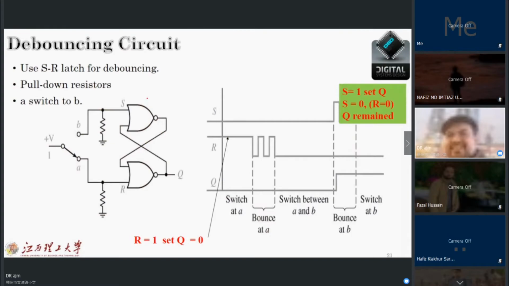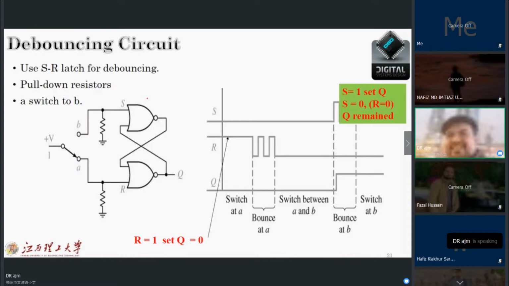What will happen really with the NOR gates is that we should use some circuits to do the debouncing. What is debouncing? Maybe you have heard this sound or noise from your house alarm. When you press any push button at the entry of your home, and you just keep your finger on that, you will see that the sound suddenly comes up and down, up and down, up and down like that.